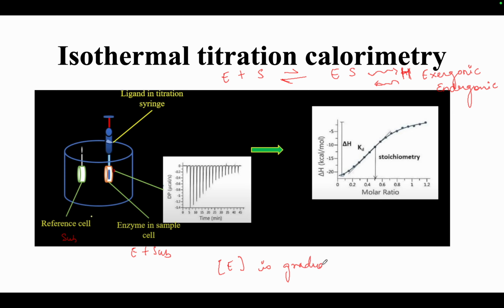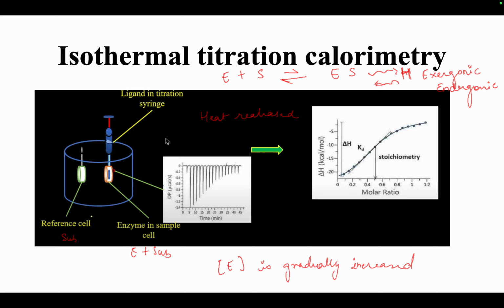As we increase the enzyme concentration, there will be more interaction with the substrate, and as there is more interaction with the substrate there will be more heat released because of these interactions.